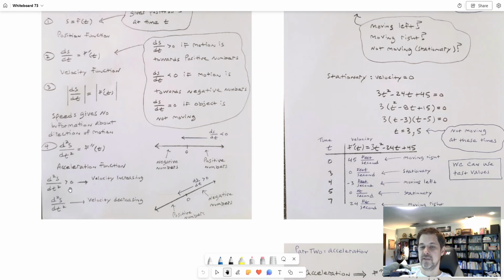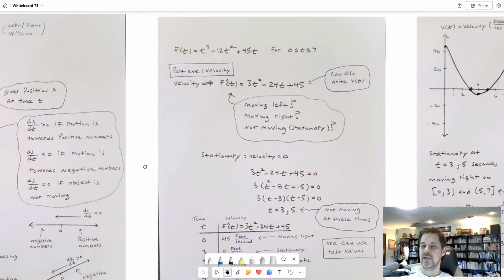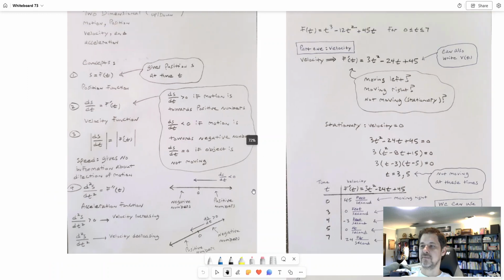If the acceleration is positive, then the velocity is getting more positive or increasing. And I meant to write if the acceleration is negative. I forgot to write the inequality, but if the acceleration is less than 0, the velocity is decreasing or getting more negative. All right, so that's a quick rundown of all the concepts.